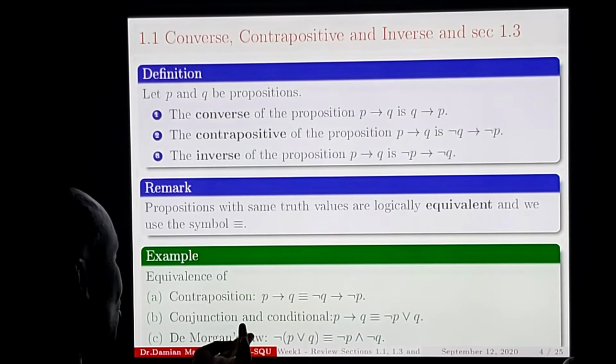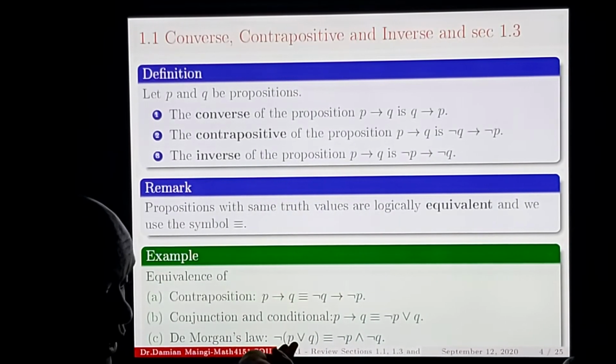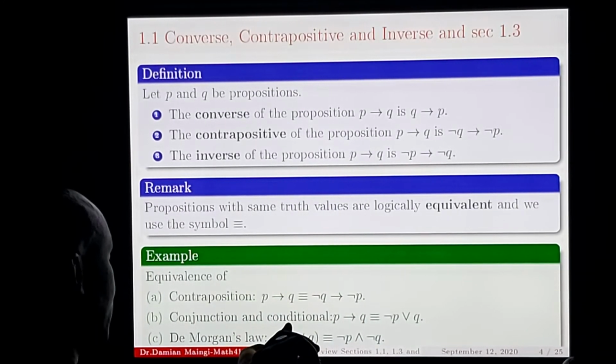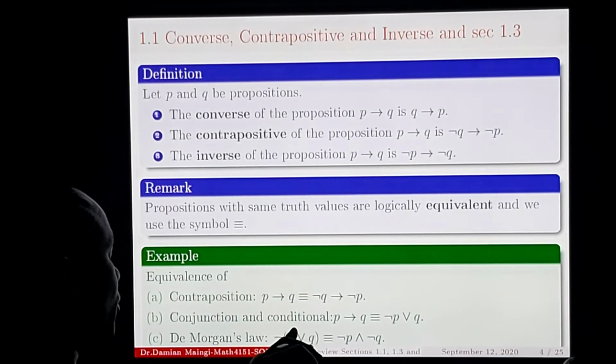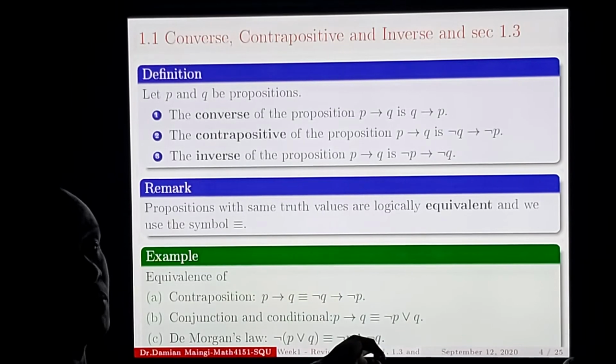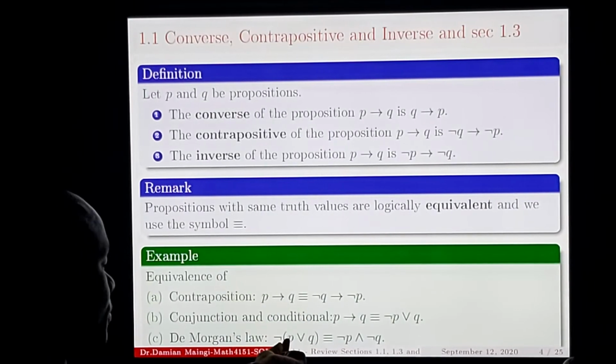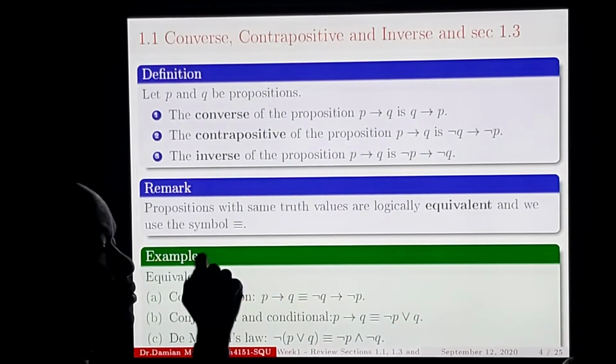And then De Morgan's laws, actually here I can just say, because later on you saw the example, I'm just repeating and doing a recap. So the negation of p or q is the negation of p and the negation of q. If here we had p and q, then we would have negation of p or negation of q as the value.